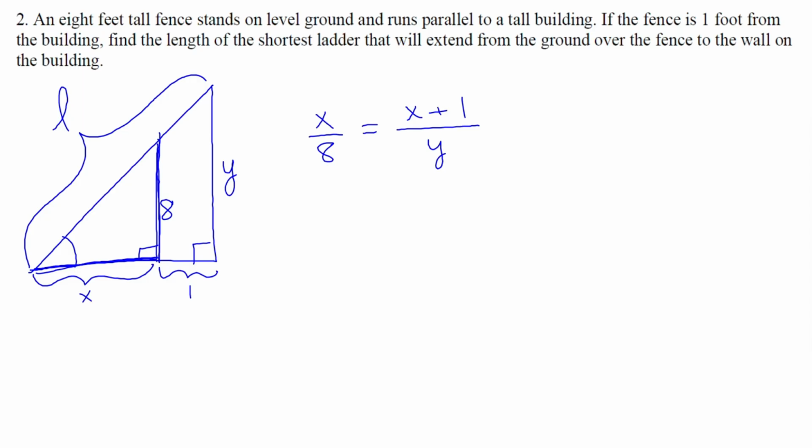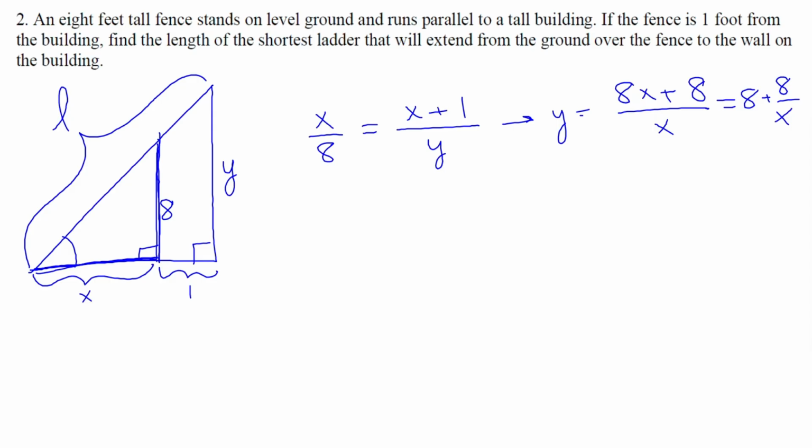Or in other words, that y is the same as 8x plus 8 over x, or if we prefer 8 plus 8 over x, whichever way you prefer to write that. Doesn't really matter. I'll probably use 8 plus 8 over x.